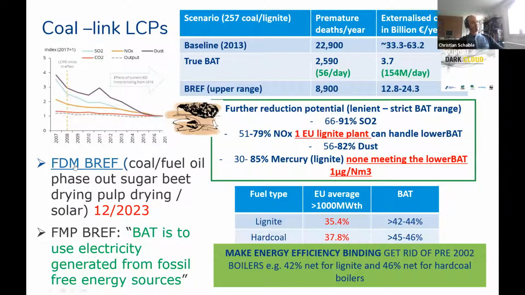We shouldn't regulate this kind of thing in a BREF, but it's part of the current BAT conclusion, which is forward-looking. Finally, it's not just end of pipe air pollution reduction by some filters, but also switching to electricity, for example. This is based on one reference installation in Sweden. So I'm happy and proud that we made it. It was with a few member states' support that we made this a BAT. It's not voted yet, but I think it will go through.